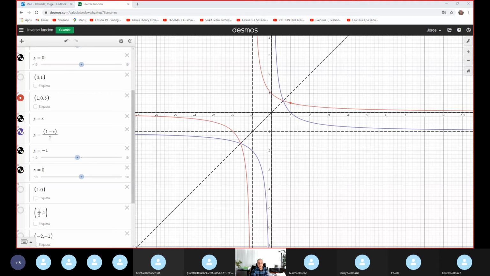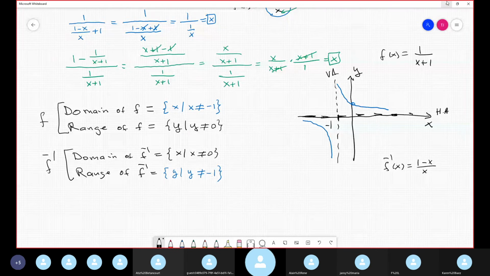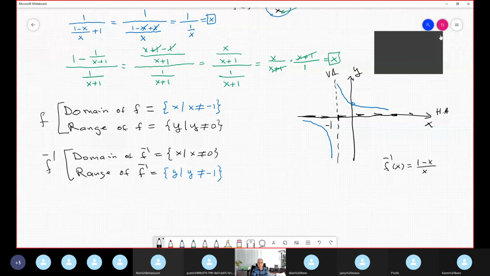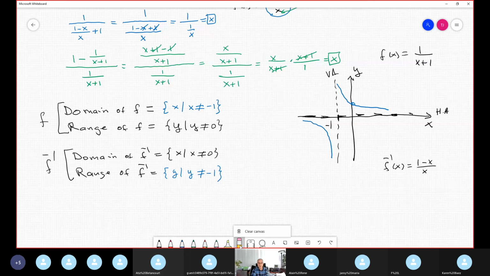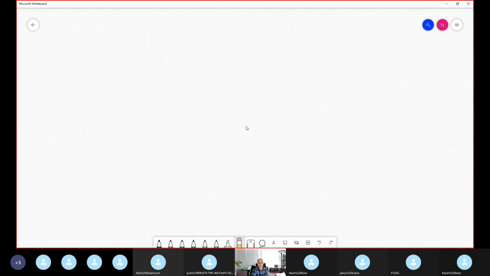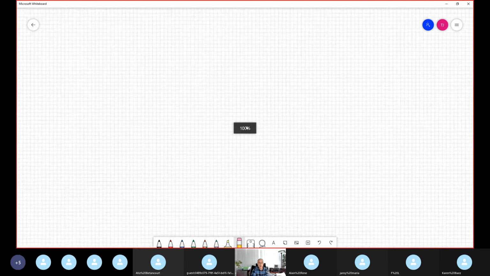Let me switch into the whiteboard again. Do you understand very well the idea behind the inverse function? Why is it important? Extremely important, because from next class we start to study two super important new functions, the exponential function and the logarithmic function.